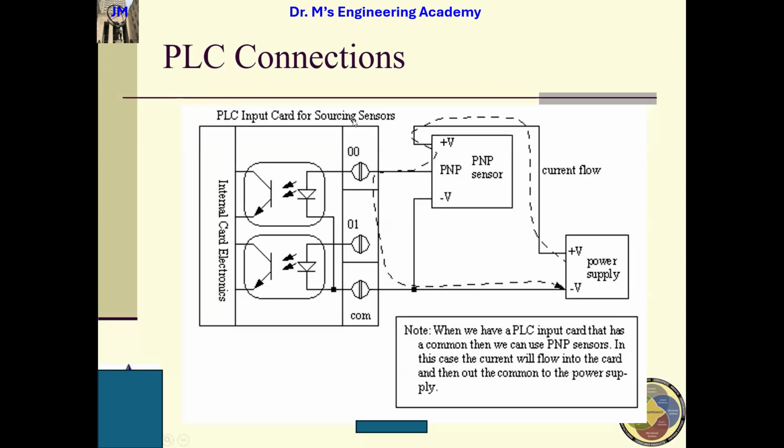For this sourcing sensor, the power supply is a PNP, and this is a positive V here, positive V. So if this is a base, and the voltage difference between the base and the positive V is bigger than the threshold value, we have current. This is current. Once again, this is the opto isolator.